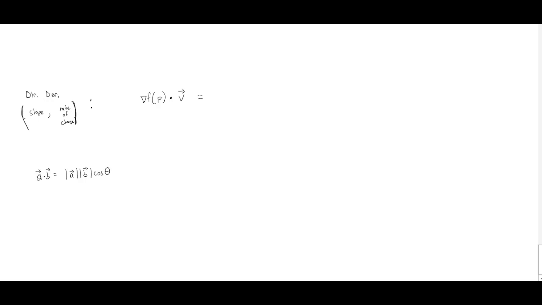Okay? So I'm going to apply this formula to the directional derivative. So this would be equal to the magnitude of the gradient vector, then times the length of our direction vector. But remember that it's unit length, so it would be times 1, okay?